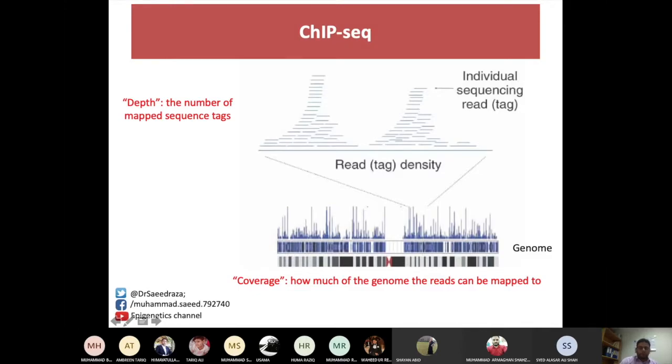And you know through the tag density what type of genes were enriched and what type of genes were depleted in your ChIP-seq analysis. So you see two terms, enriched and depleted. Enriched for those which are abundantly present, and depleted for those which are not present so abundantly.